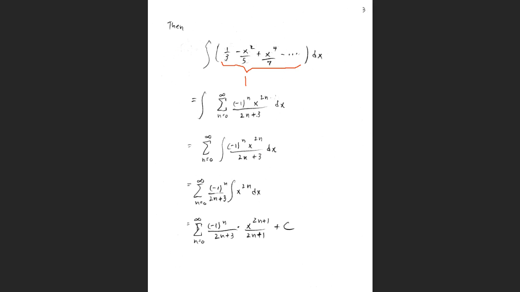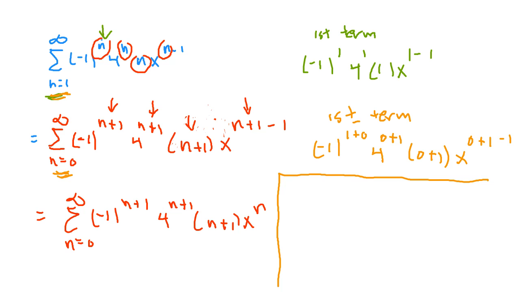Turns out the summation formula that's going to work has a (-1)^n, an x^(2n), divided by 2n plus 3. Let me go to the whiteboard real quick and help you with that a little bit.